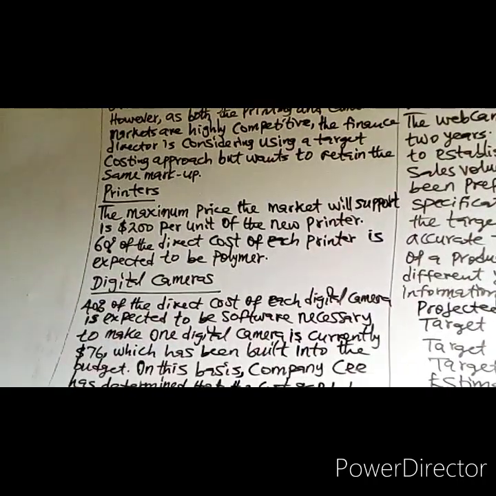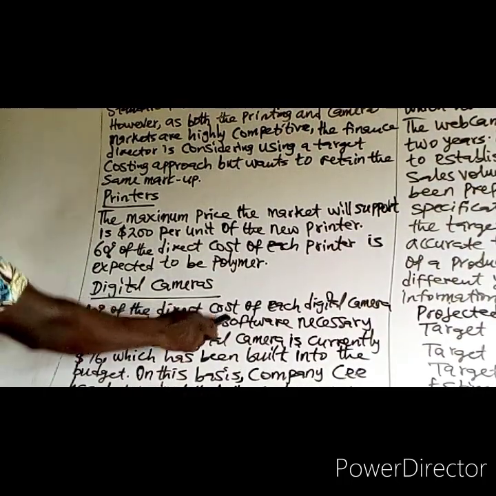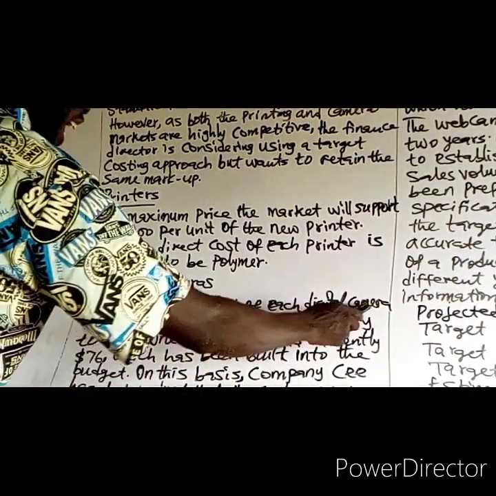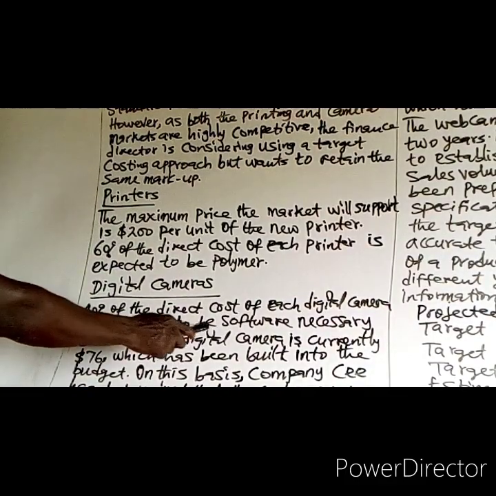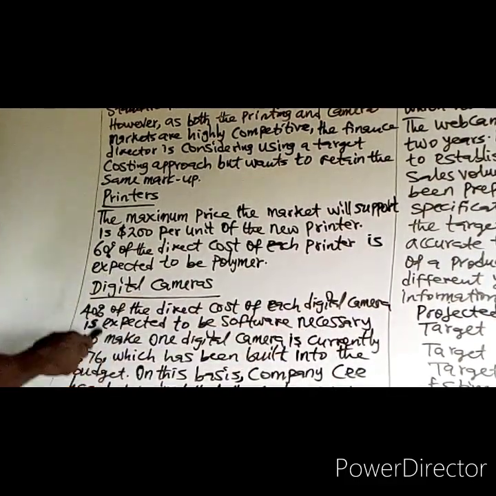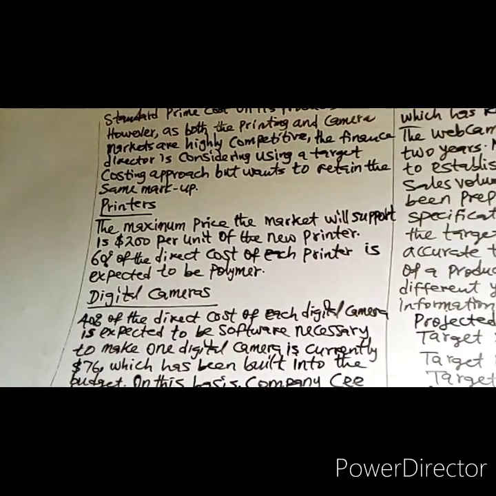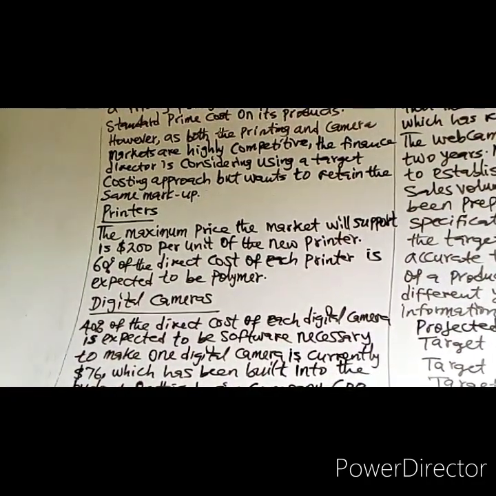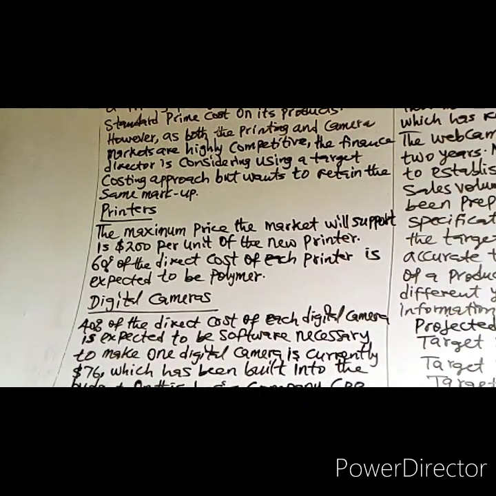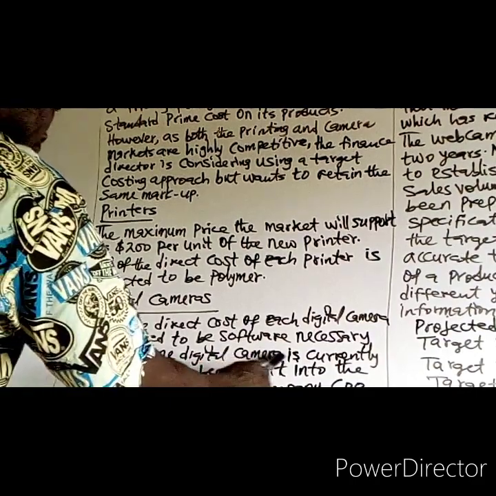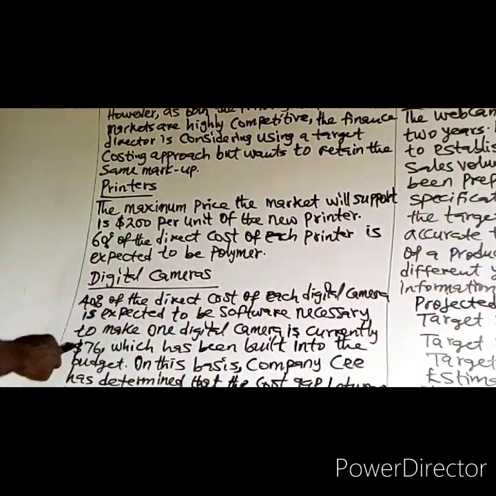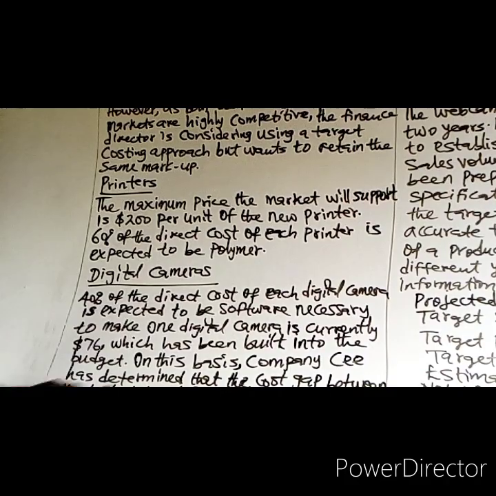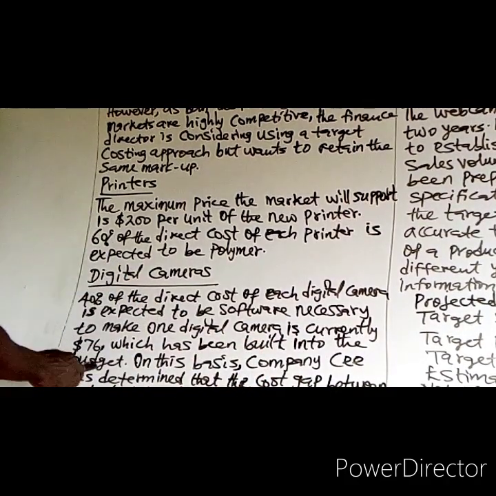Digital camera. 40% of the direct cost of each digital camera is expected to be software. The cost of the software necessary to make one digital camera is currently $76, which has been built into the budget.